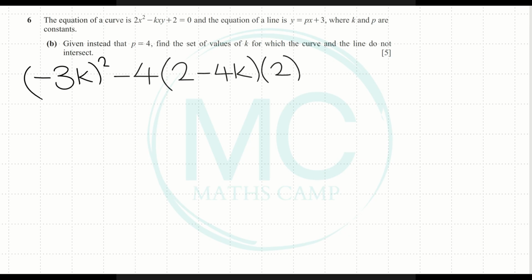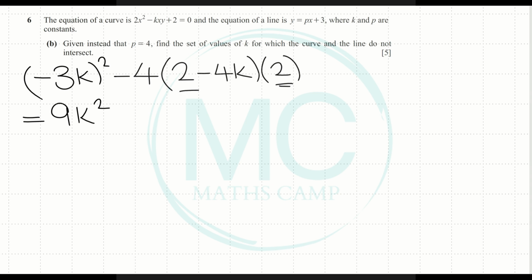Now we need to expand our brackets. Negative 3k squared gives us positive 9k squared. Now we need to expand negative 4 multiplied by 2 brackets. Our second bracket has a 2. So the easier way to do this is to say negative 4 multiplied by 2, which gives us negative 8.